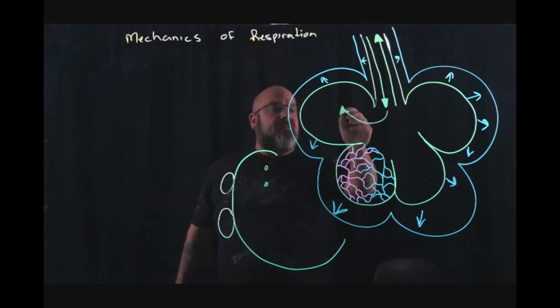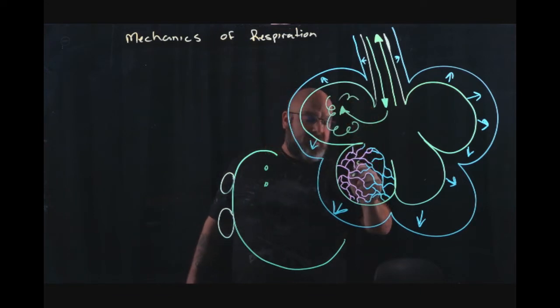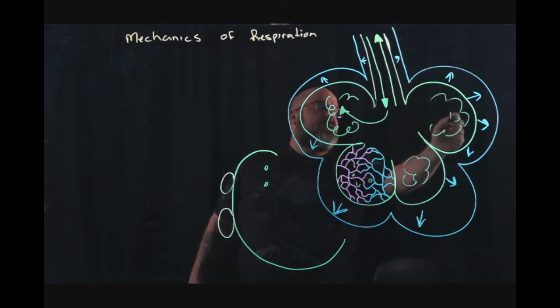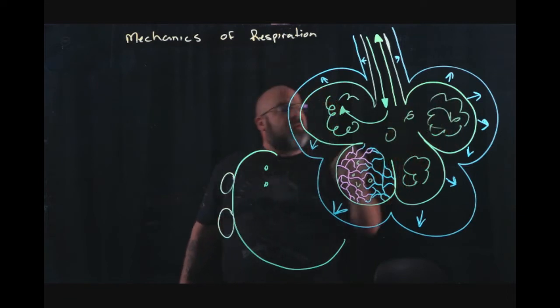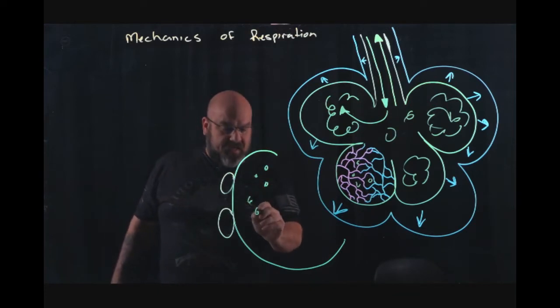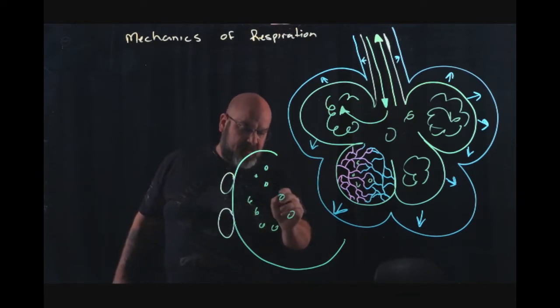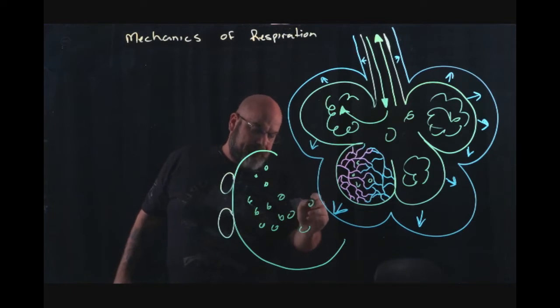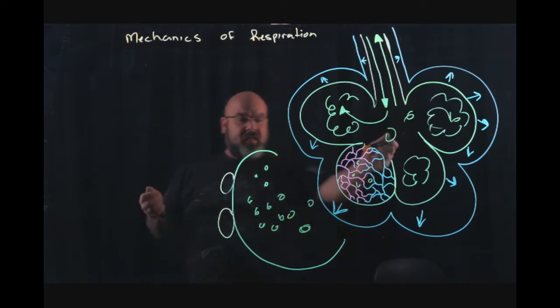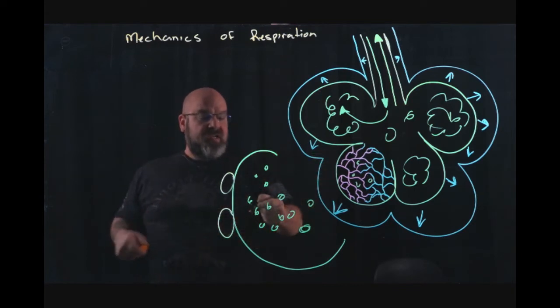It gets into the alveoli and it swirls around in here. It mixes with the dead space air from an earlier breath. It all swirls around, and you've got little oxygen molecules swarming around in here. And we've got a rush of oxygen on inhalation.